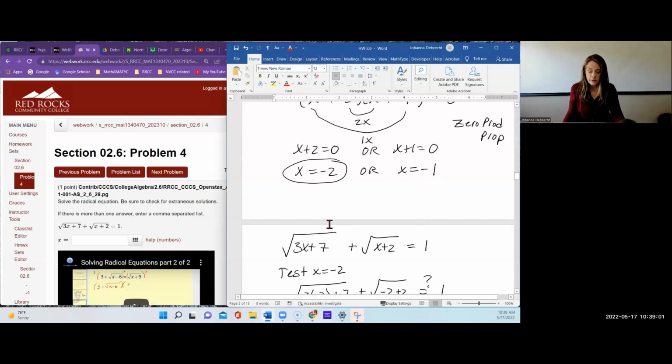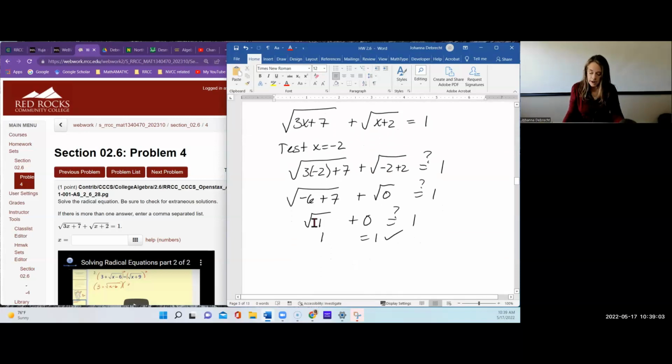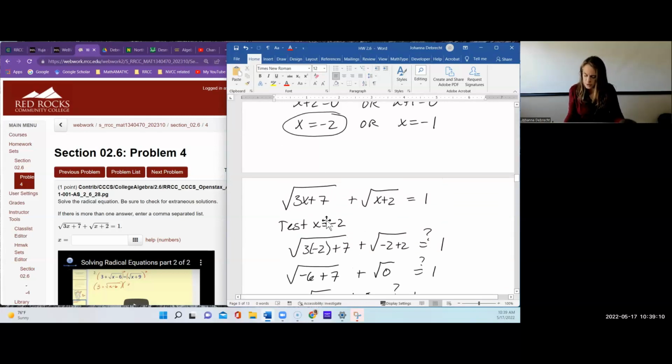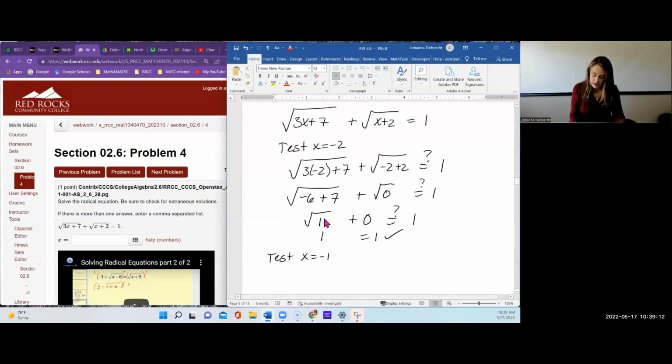Now we have to test the other one, which is -1, back in the original. It was -1, wasn't it? Yes. Now we're going to test -1. 3 times -1 plus 7 plus the radical of -1 plus 2.